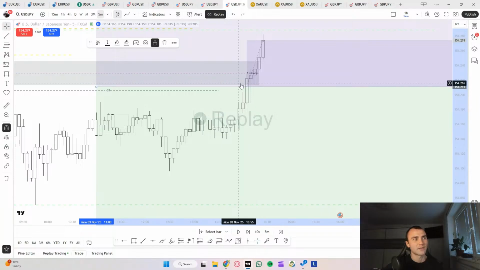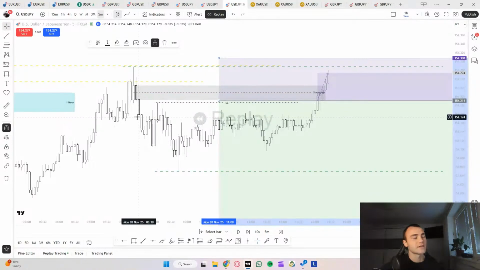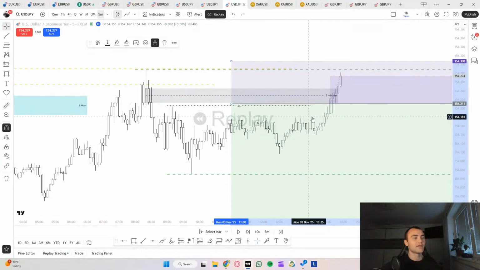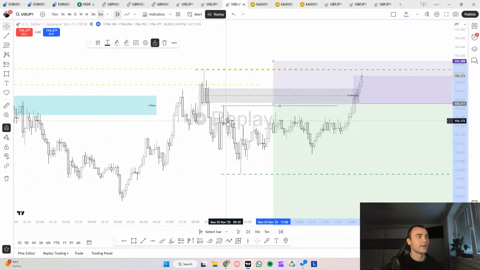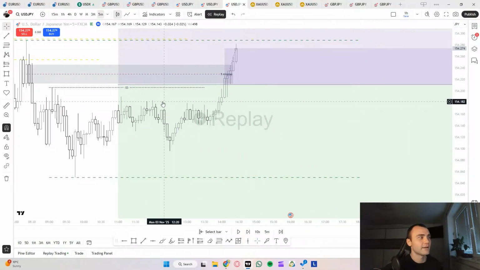But the church wasn't made, so I was conscious, and it was harder to hold my emotions, because I knew I was playing a risky trade, and I was doing it basically with a limit order. This was the bad thing.